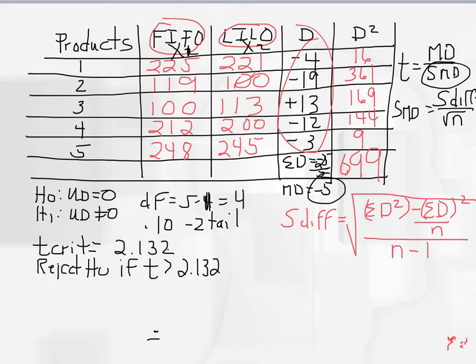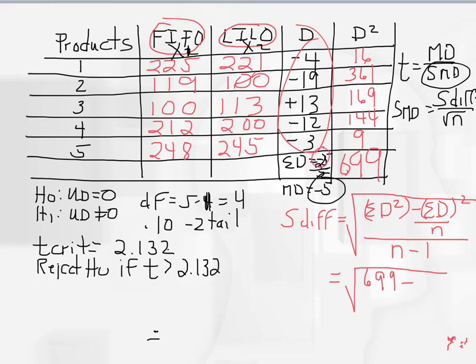So when we're looking at our formula then, our standard deviation of the differences is going to be 699 minus the sum of my differences squared. The sum of my difference scores is 25.